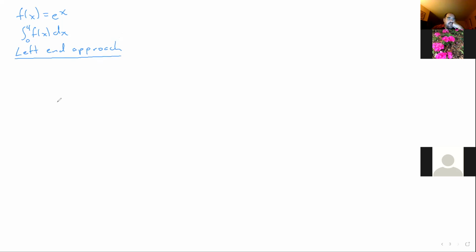So we want to use the left-hand approach, using 4 intervals. Okay, so where do we go from here? B minus a over n. And what is this giving you?